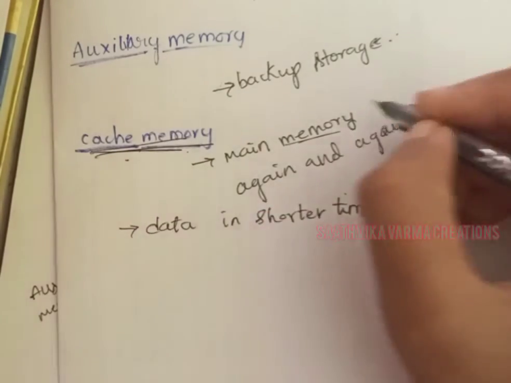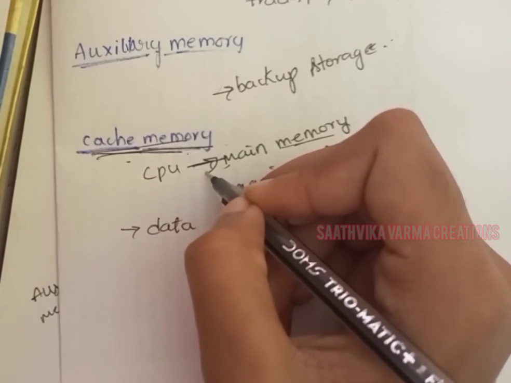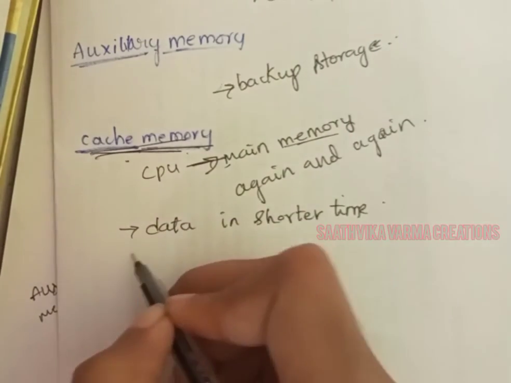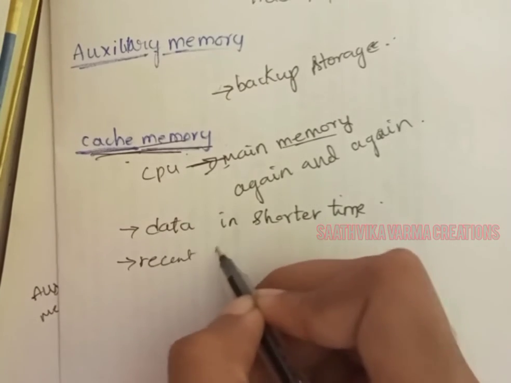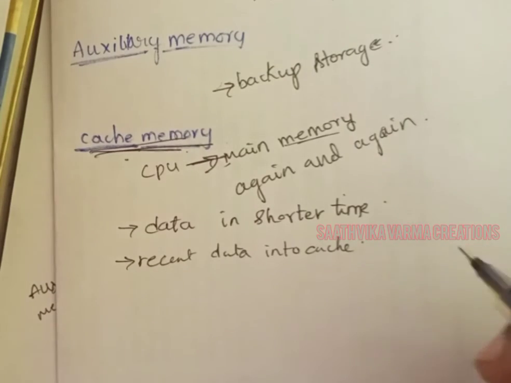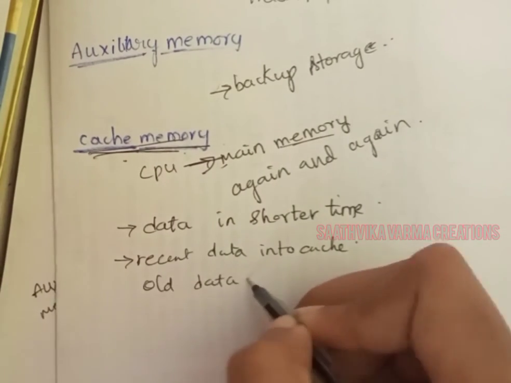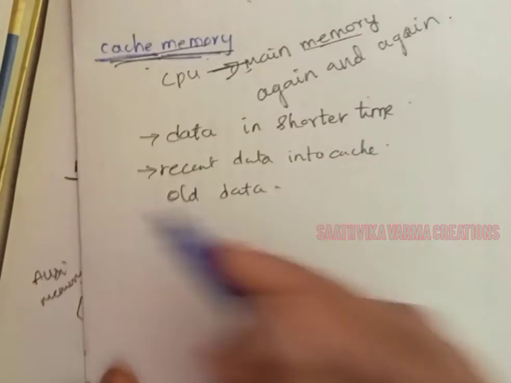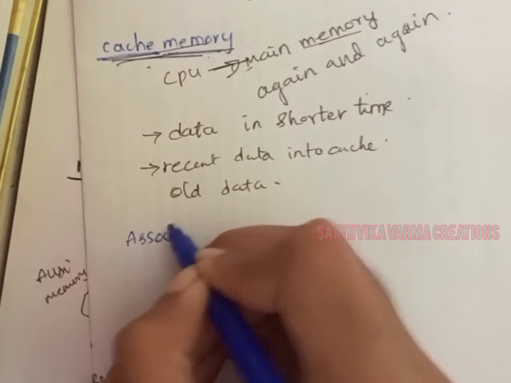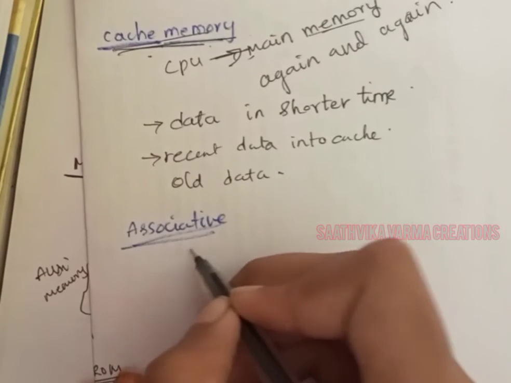If the data is not found, the CPU moves into the main memory. It also transfers a block of recent data into the cache and keeps on deleting the old data in the cache to accommodate the new one.